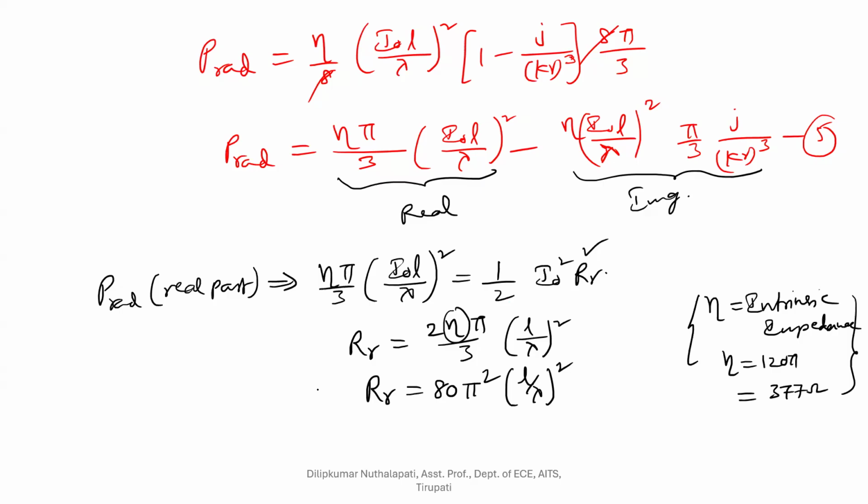This is most important for many exams, computer exams or theory exams. Evaluating radiation resistance is very important. It is related to the length as well as the wavelength λ. So this has to be obtained from the basic vector potential for placing the current element along the z axis. Thank you.